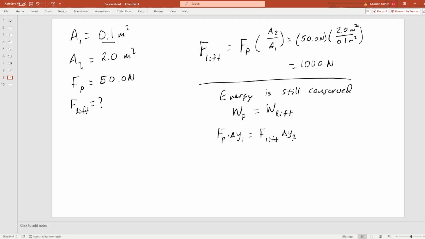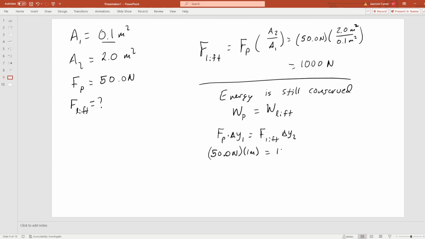Whatever work you put into pushing the first piston down, that will be equal to the work you get with your second piston. So let's even just say that this is 1 meter, okay? So my pushing force is 50 newtons, and I push it down 1 meter, okay?